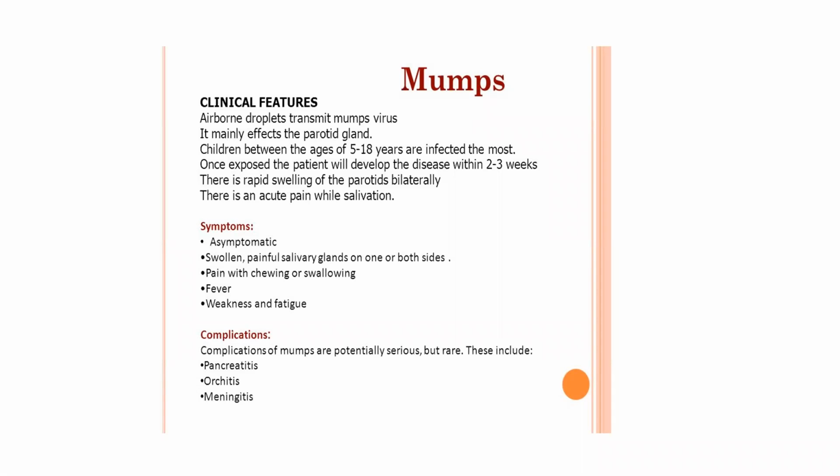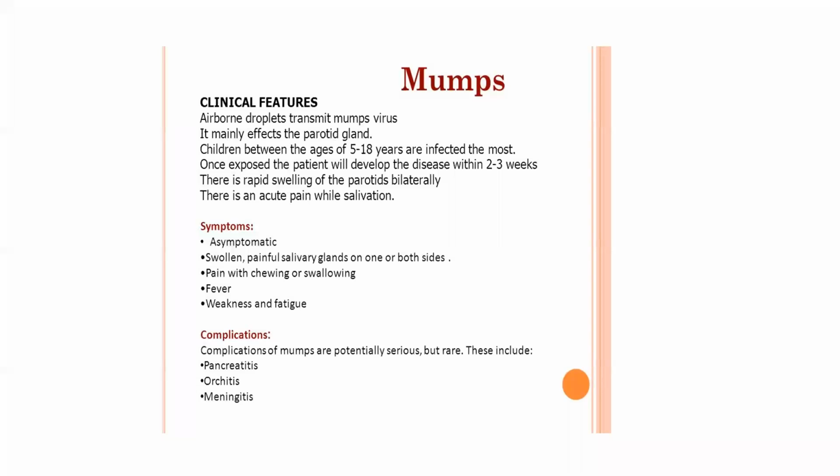As I told you just now, the only way this infection is transmitted is when we come in contact with droplets that have the virus present in them. That droplet may be of saliva, or it may be of urine.